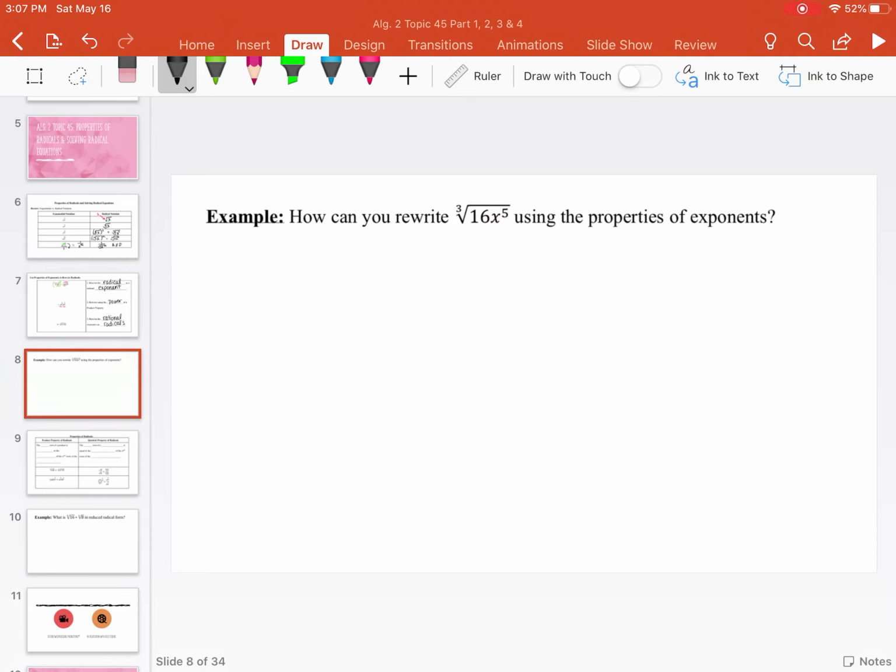Let's simplify an example. How can we rewrite the third root, or the cube root, of 16x to the 5th using properties of exponents? Well, what I want us to do here is to think about the factors, specifically based on the given root.